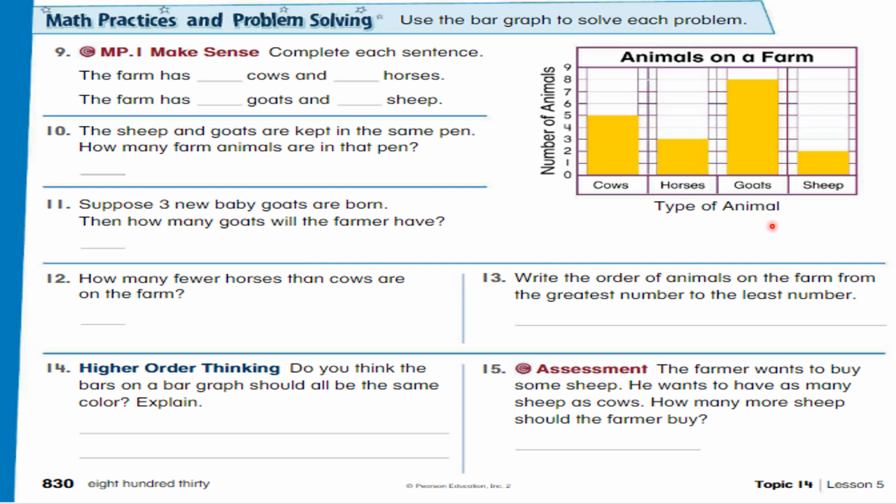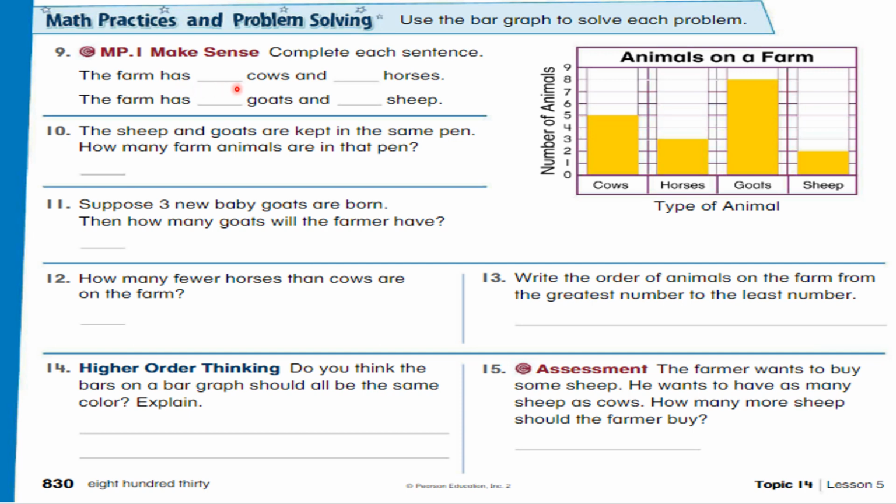So how many types of animals are there? Very good, 4. What is this? Cow, and then horse, and then goats, and sheep. Excellent.